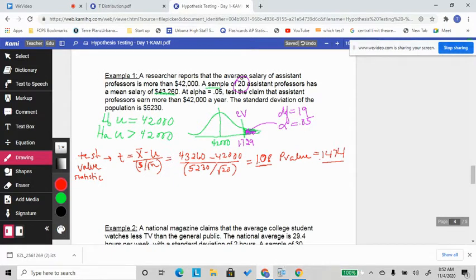You're testing to see where your data lands. All right, so here's what this means in hypothesis testing. You have a null hypothesis set at 42,000. You're going to say that any number above that, right here, this line in the sand, this 1.729, anything above that, we're going to say reject that null hypothesis.